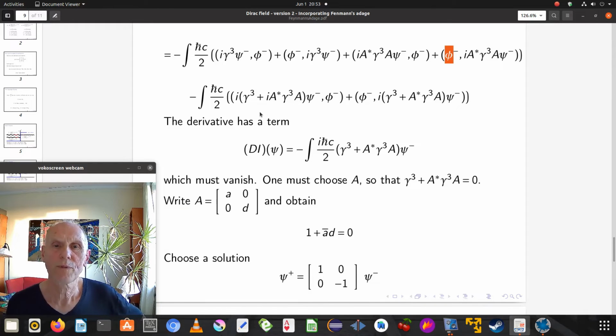And we can write up the derivative, minus h bar c halves, and then we have i on both the components, which we take outside the parenthesis. So this is the derivative. And that's a condition on psi minus, which must be anything. So that means that this guy's going to vanish.